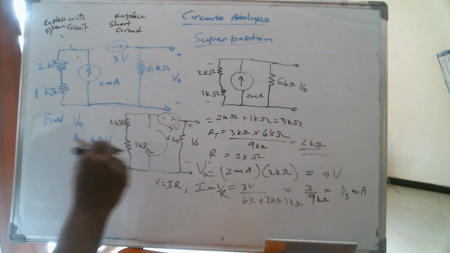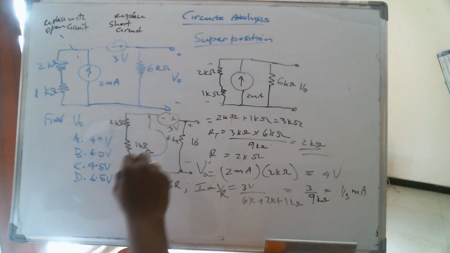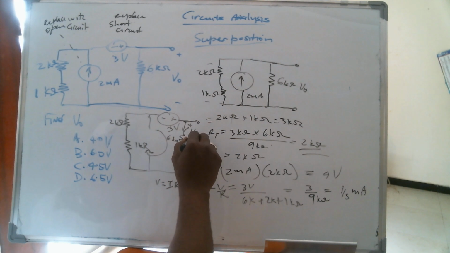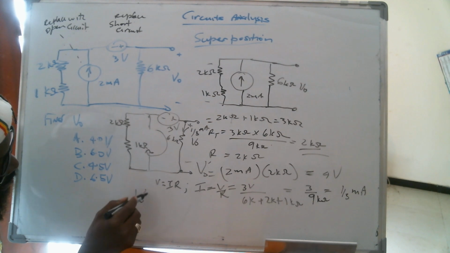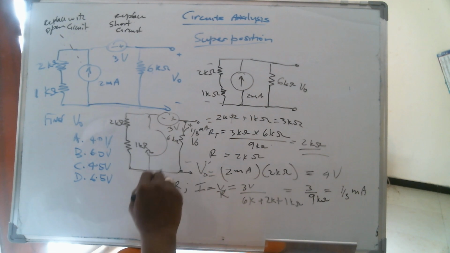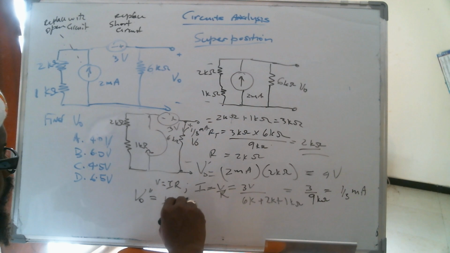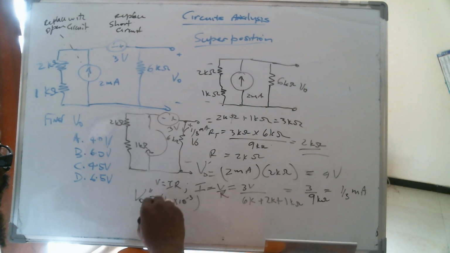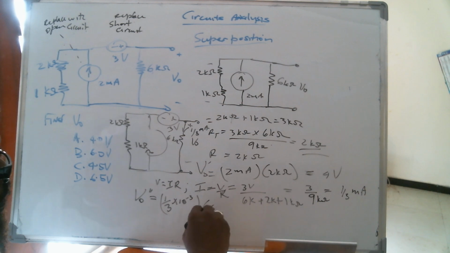Now, how do we find the voltage across V naught? Well, this 1/3 milliamp will be here, won't it? So the voltage across V naught, which is V naught double prime, the second piece when the current source is off and the voltage source is on, is going to be I, which is 1/3 milliamps, or 1/3 times 10 to the minus 3, times R, which is 6K ohms.